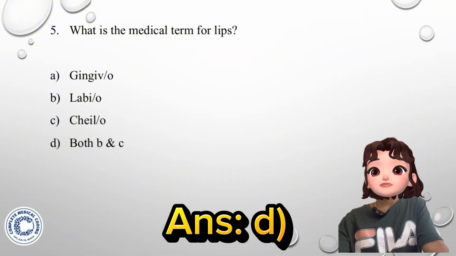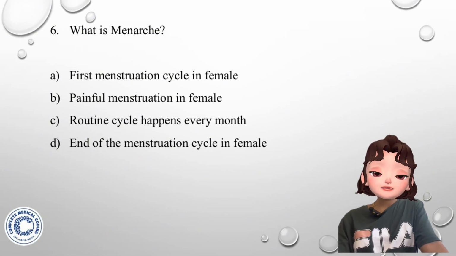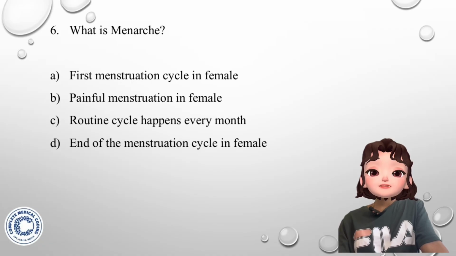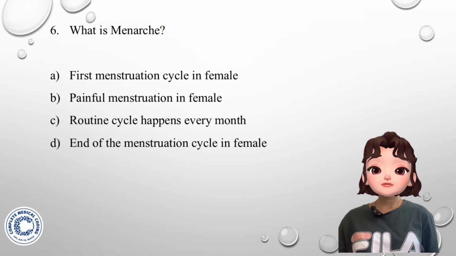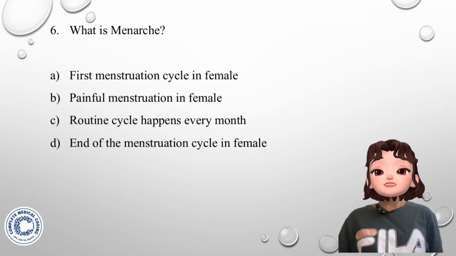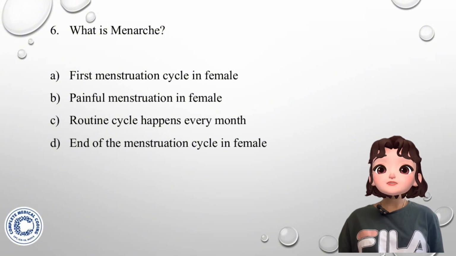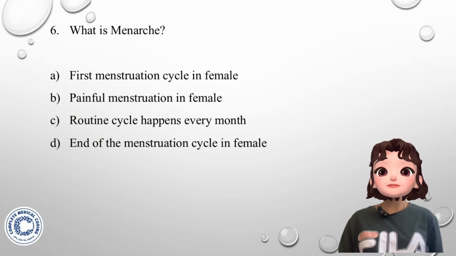Now, sixth question. What is menarche? Most people already know it. Anyway, let's see the options. Option A, first menstruation cycle in female. Option B, painful menstruation in female.